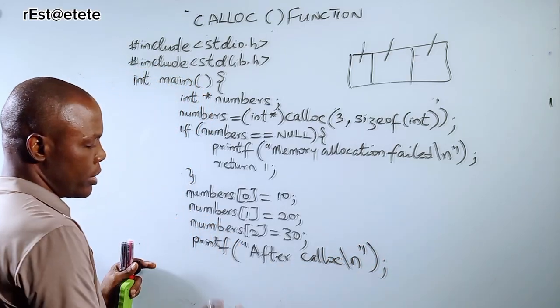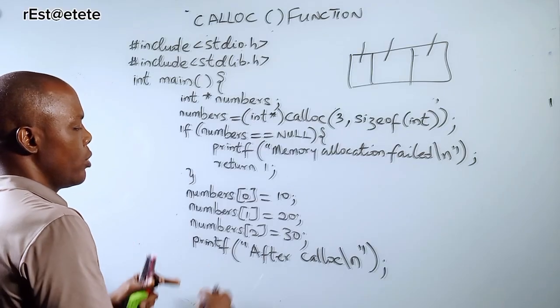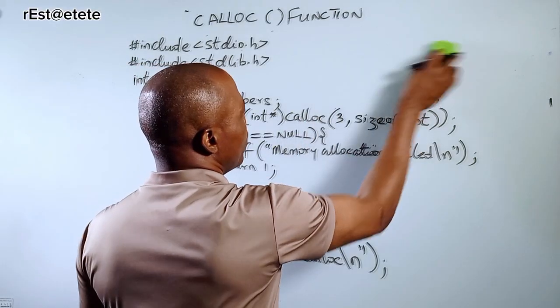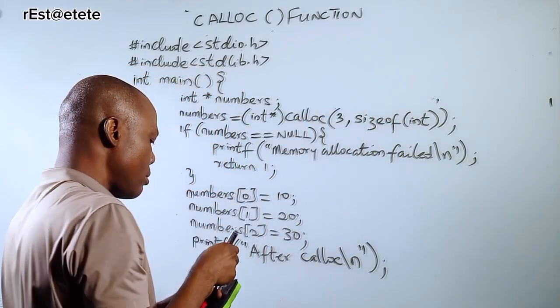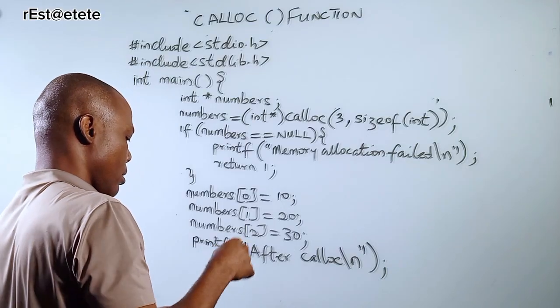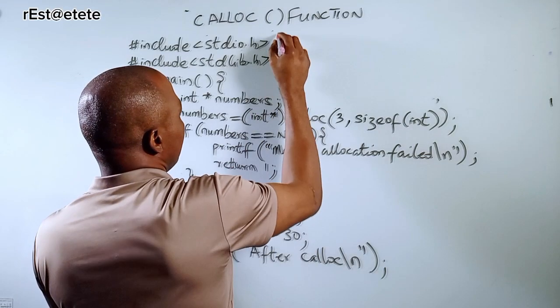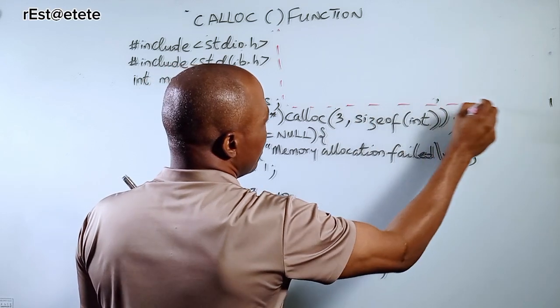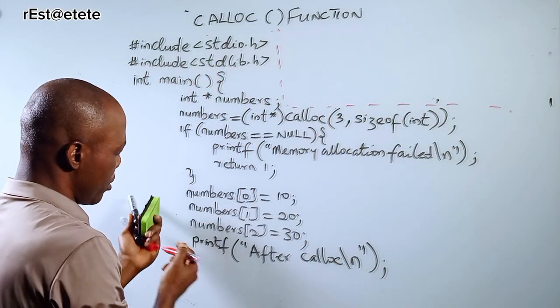This will just print out on the screen after calloc. Then below, I'm going to use my for loop here again.